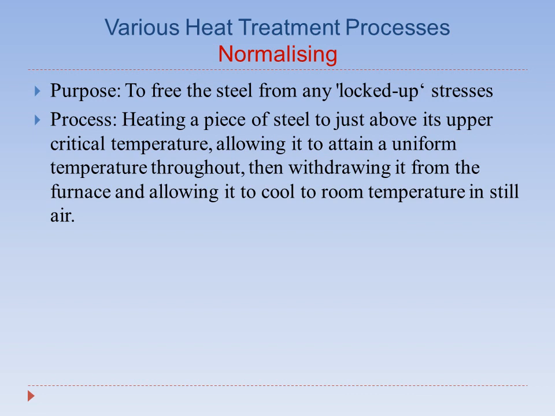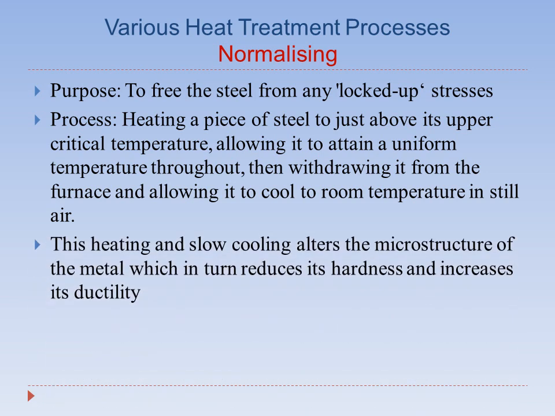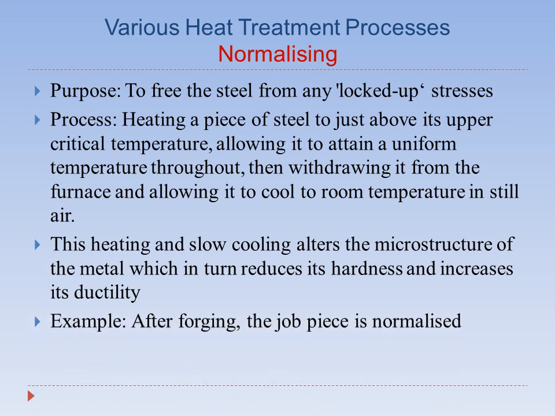That means the job piece is removed from the furnace and then cooled. This heating and slow cooling alters the microstructure of the metal, which in turn reduces its hardness and increases its ductility. So friends, the purpose of normalizing is to free the steel from locked up stresses as well as to reduce its hardness and increase its ductility.